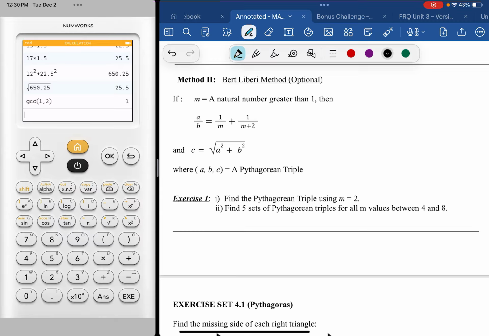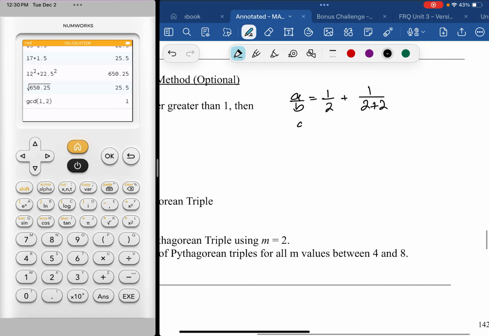I would have a over b is equal to 1 over 2 plus 1 over 2 plus 2. So that's going to be a over b is equal to 1/2 plus 1/4.